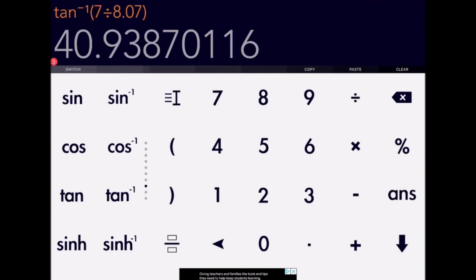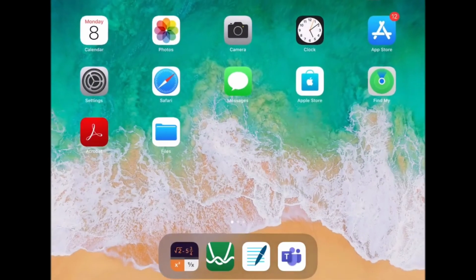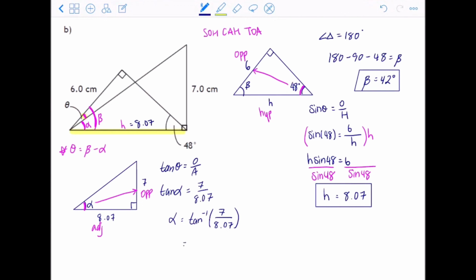You get 40.94 degrees for alpha. We're not done yet, one more step. We stated that theta equals beta minus alpha, since the bigger angle is beta.